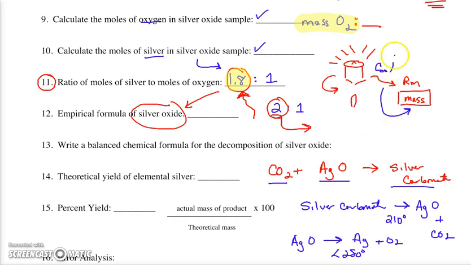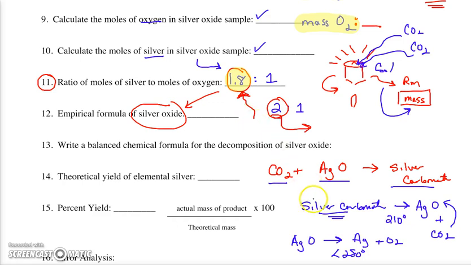And if you're cooling a crucible, there may be CO2 involved with the silver oxide that you're heating, and maybe forming silver carbonate. Something else to think about in terms of your errors.